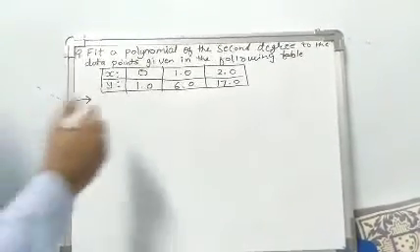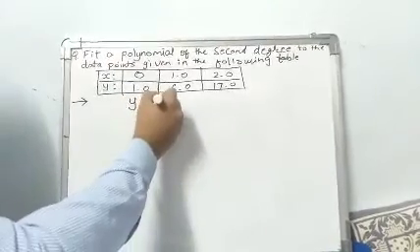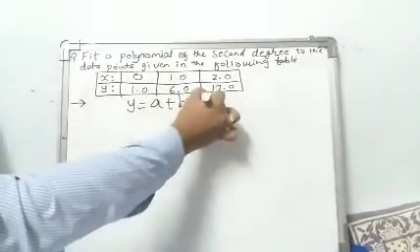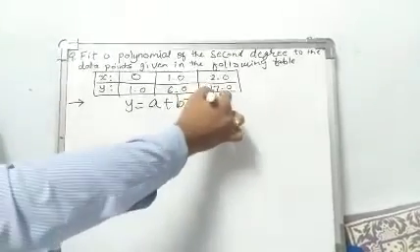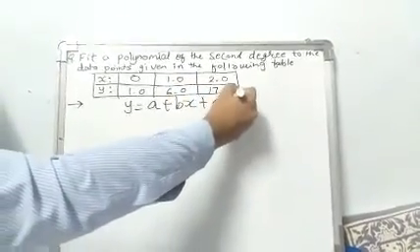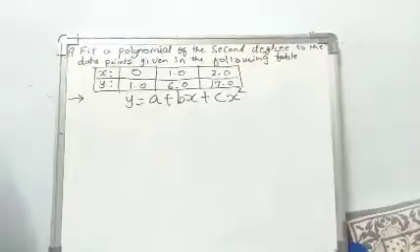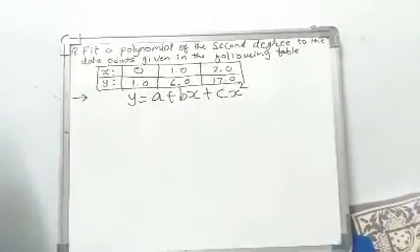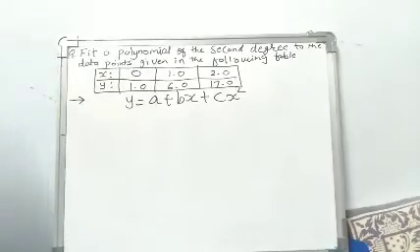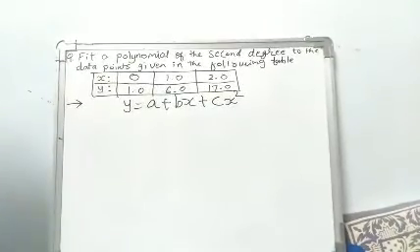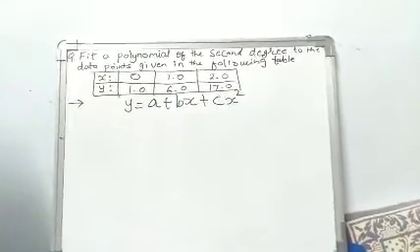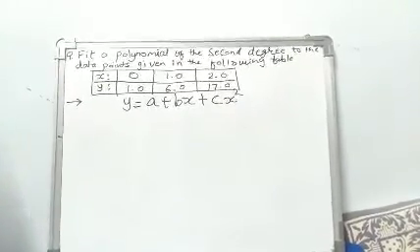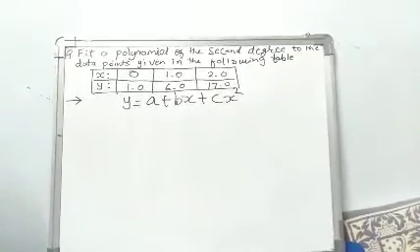Let y equals a plus bx plus cx square be the least square approximation of the second degree.